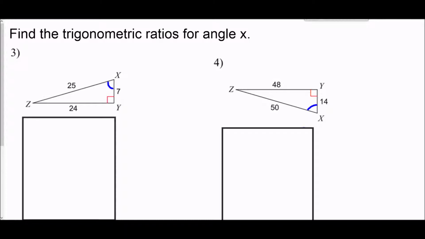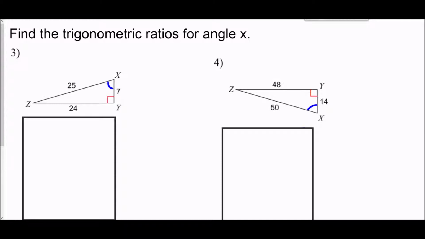All right, so for these questions, we want to find the trigonometric ratios for angle X. I drew a little blue thing next to it so you can see it. So we want to figure out the sine, cosine, and tan for X. Now these sides of the triangles aren't just letters, they have numbers. Let's label this first.